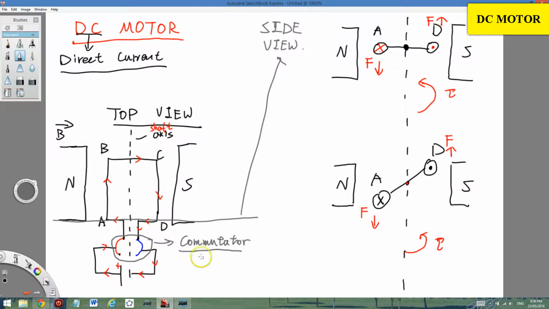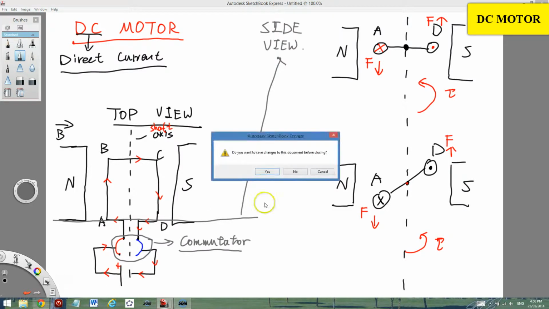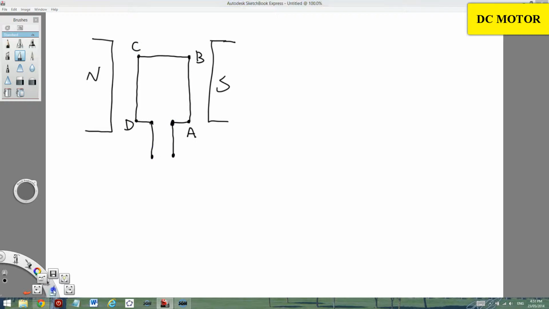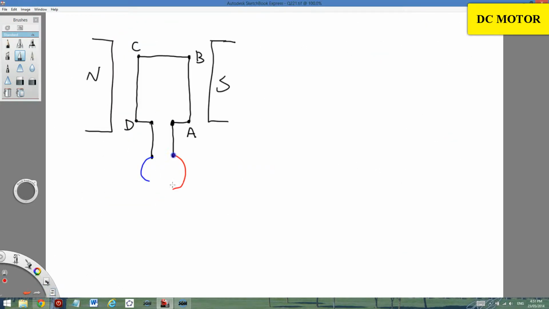Now I'm going to draw it, and pay attention to the commutators. Okay, now that's what we have.